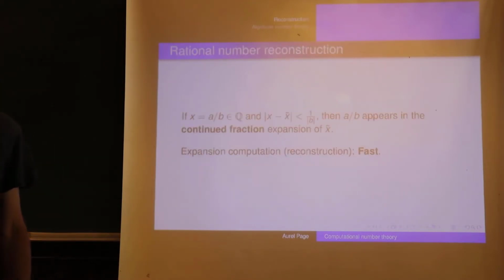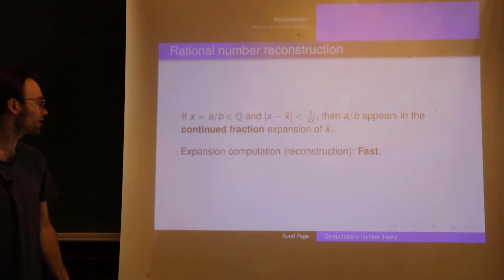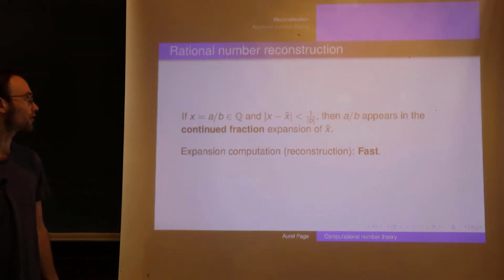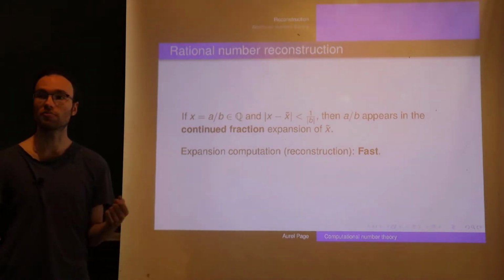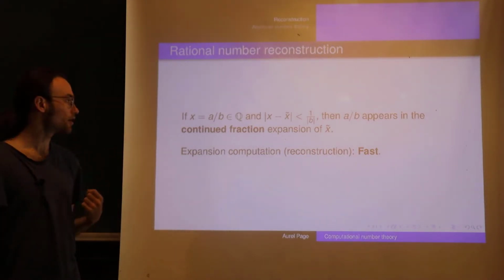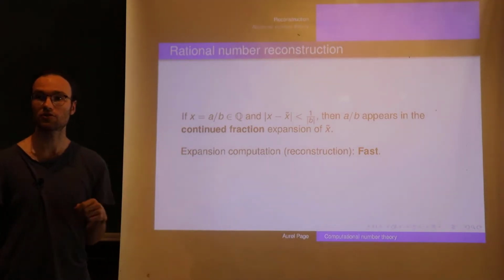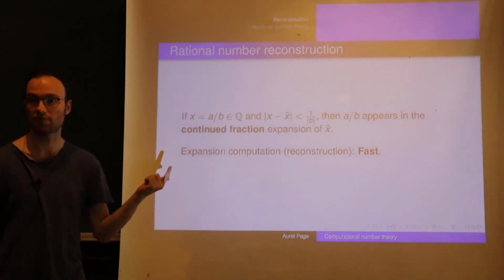Okay, then a bit more interesting, rational number reconstruction. So if you are looking for a rational number and you want to reconstruct it from real approximations, there can be two situations.